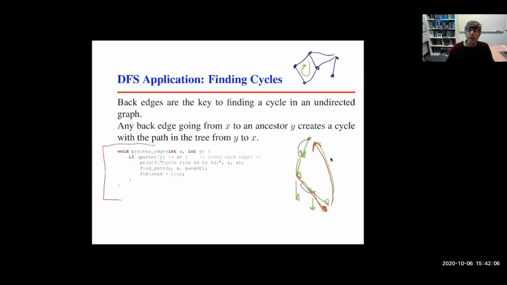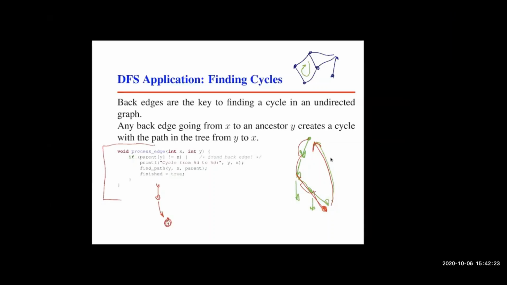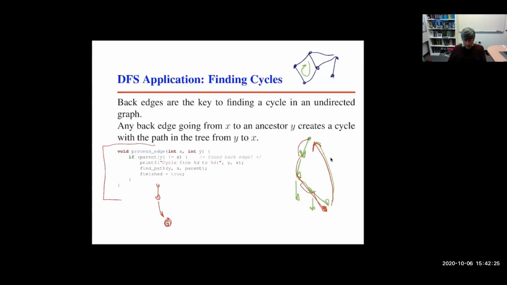I start doing a depth first search, and if I have an edge x, y, if the parent of y is not x, so let's just make sure I understand it.